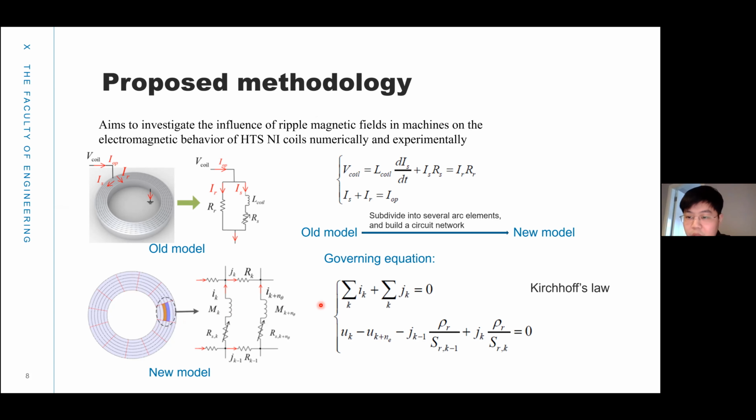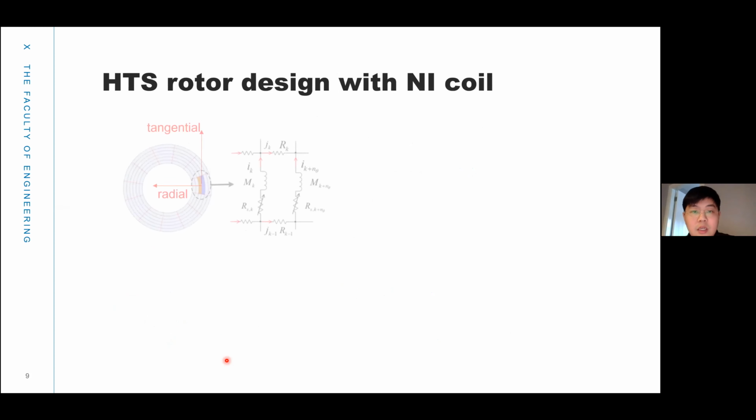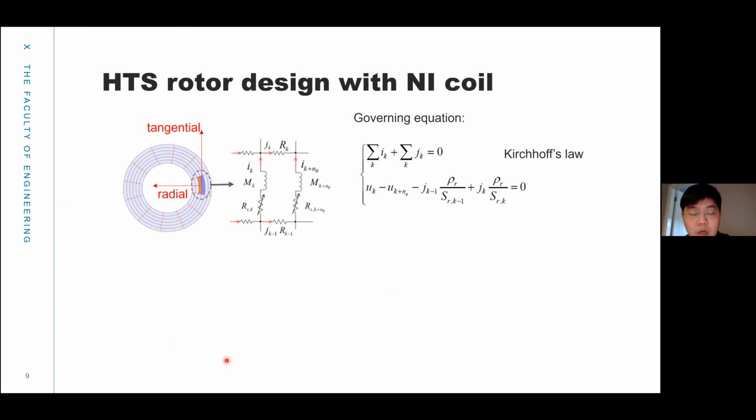We can use Kirchhoff's laws for the governing equations: the sum of the currents at each node is zero, and in each loop the sum of the voltages is zero. I will demonstrate this model in detail. We have separated the current into two directions, the radial direction and the tangential direction, and this is the governing equation.